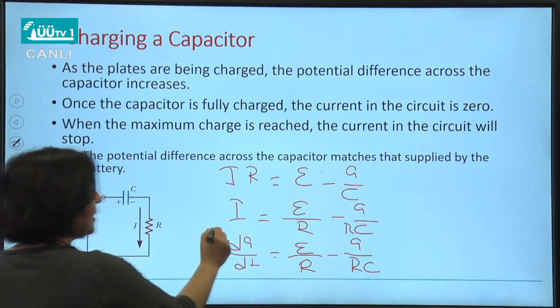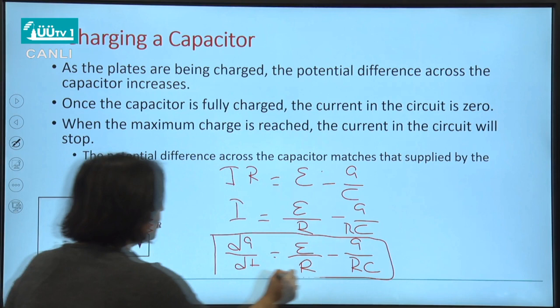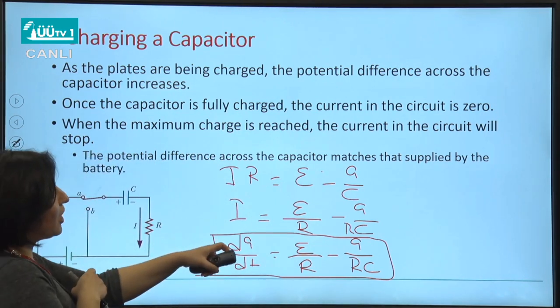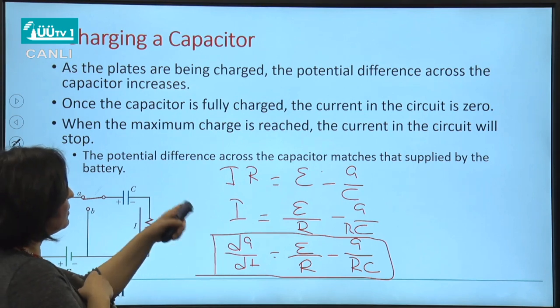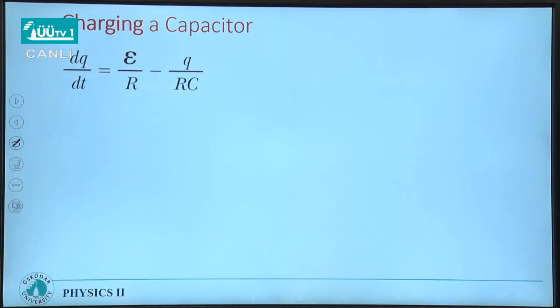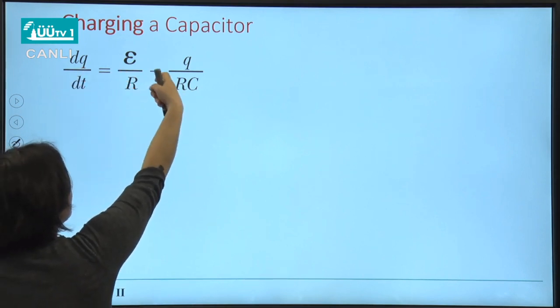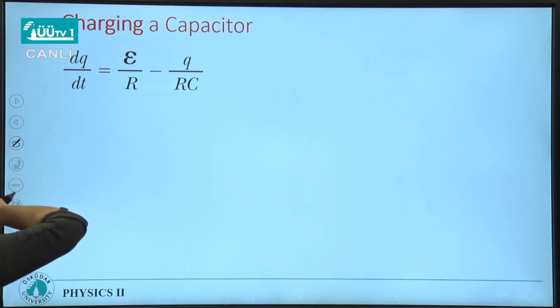Okay, we obtained this differential equation and we will use it to calculate the charge at any time of this process. We have the formula dq over dt equals epsilon over R minus Q over RC.